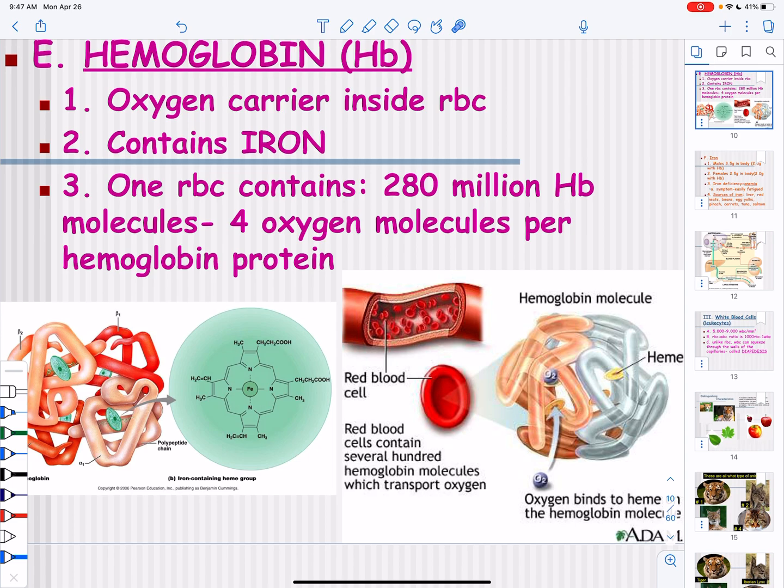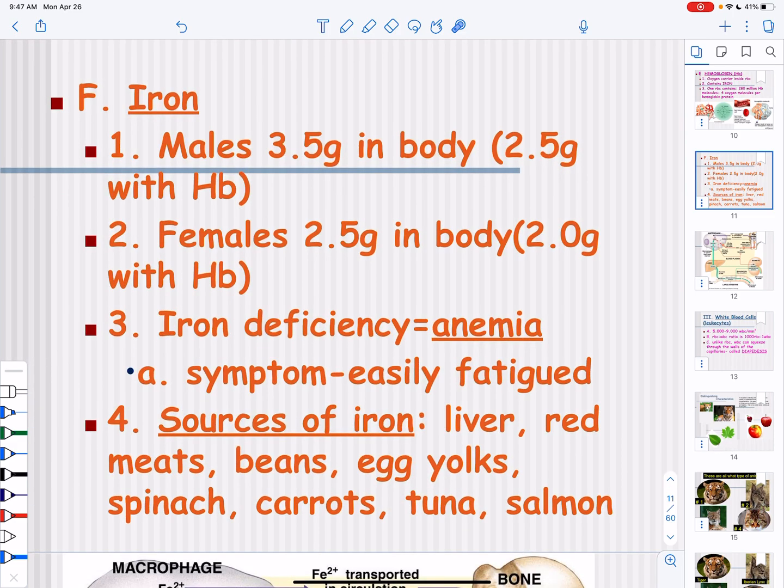This means that each red blood cell can carry about 1 billion oxygen molecules, okay? So iron, again, is the center of the hemoglobin. It is what allows our red blood cells to carry that oxygen. Males have more than females. Usually it's because of body size, all right?